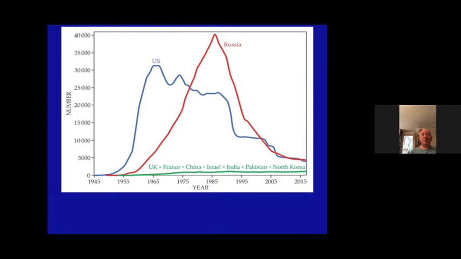So for that reason, China does not want to join in the present arms control negotiations between the US and Russia for decreasing their number of atomic weapons. We can see here that those numbers have gone down, but they're still in the thousands for Russia and the US. The next slide.